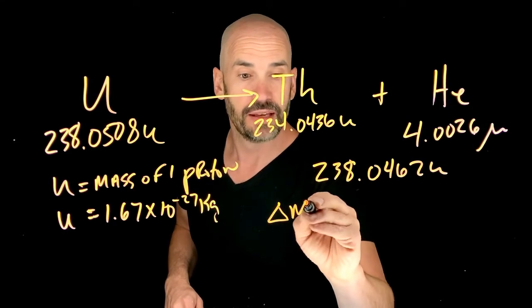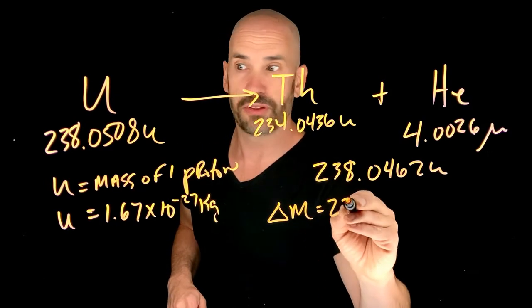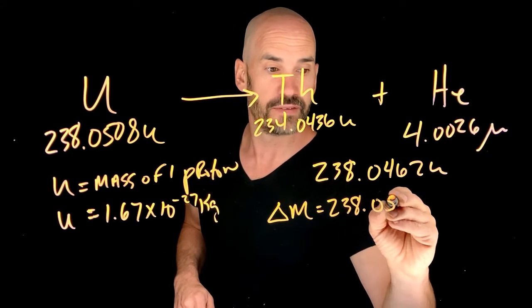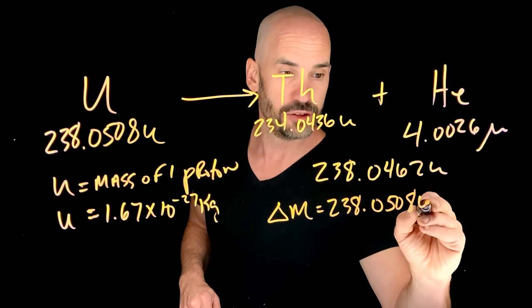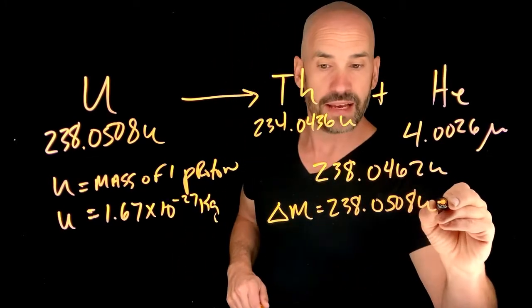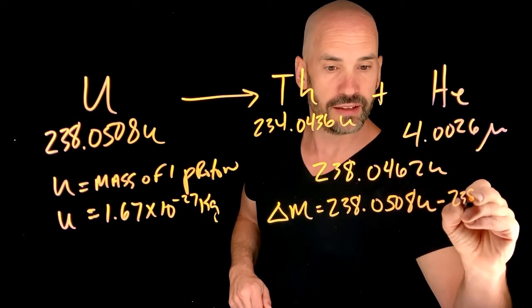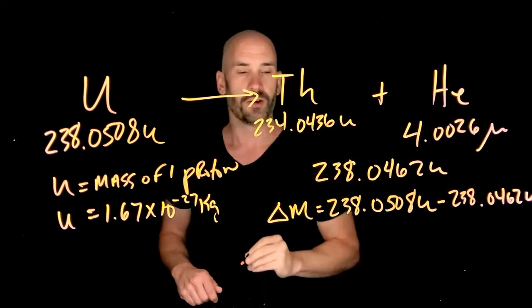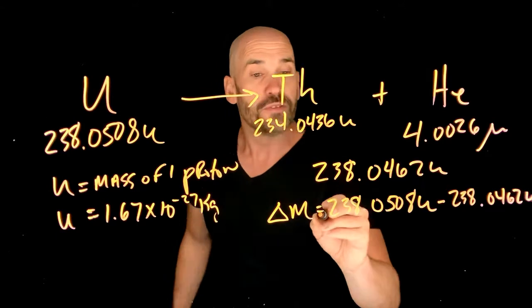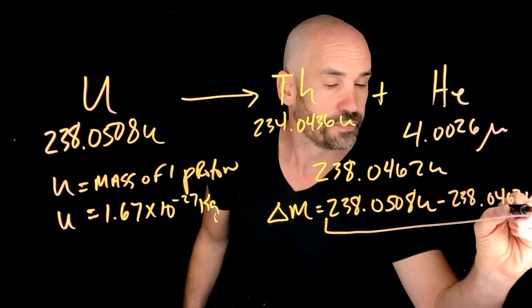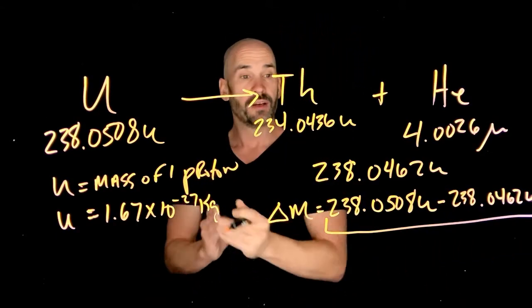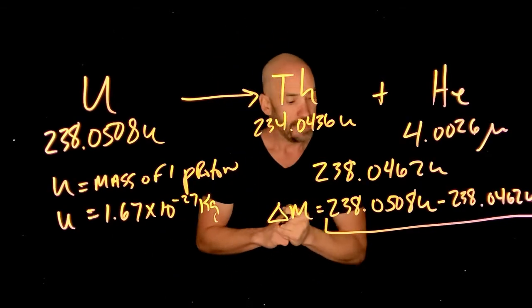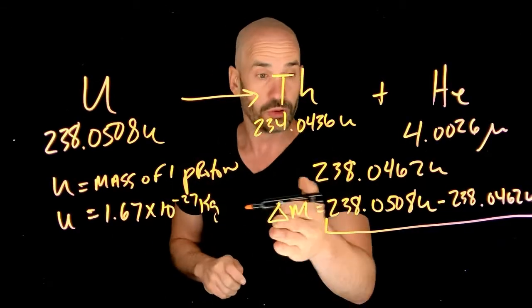So delta M is going to be 238.0508 U minus 238.0462 U. Okay? If you go ahead, put that in your calculator, take the difference, multiply by 1.67 times 10 to the minus 27 kilograms, and you'll get your mass defect.